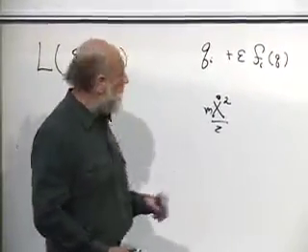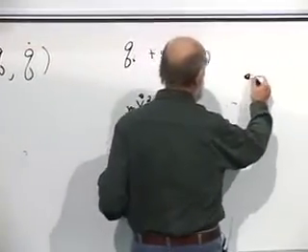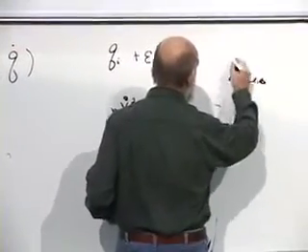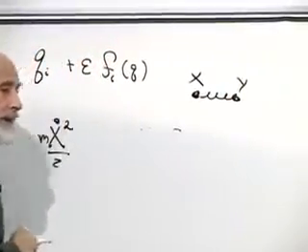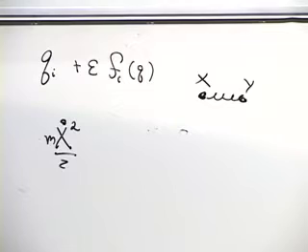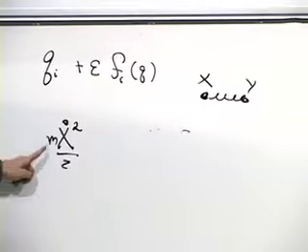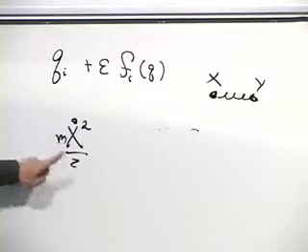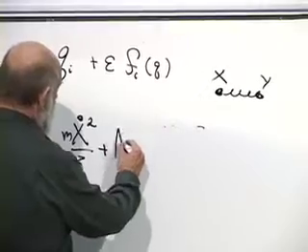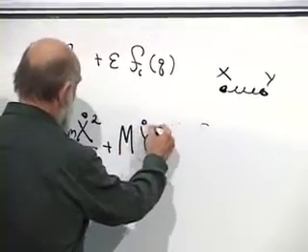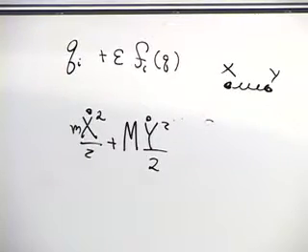But now let's take another problem. Let's take a problem with two particles connected by a spring. Let's call the position of the first one x and the position of the second one y. They don't correspond to two different axes. They just correspond to two particles, x and y. All right? What's the energy? Kinetic energy of the first particle is m x dot squared over 2. Second particle, let's call it capital M y dot squared over 2. Now, what about the potential energy?